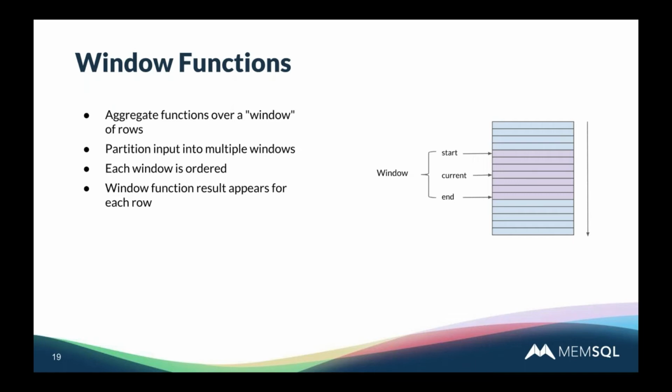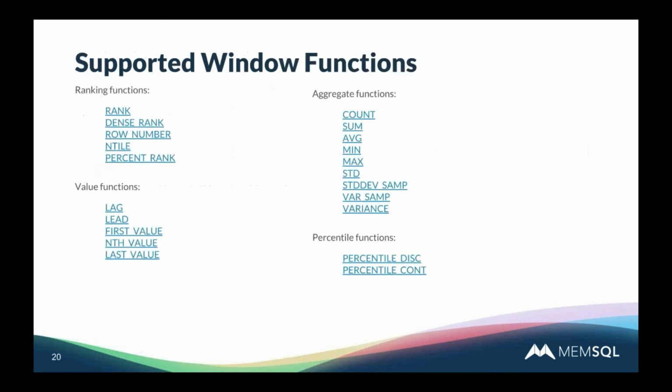An example is illustrated on the right there. You may have an input set of rows like that entire larger block, and you see the purple color between the start and end is your window. There's a concept of the beginning of the window, the end of the window, and the current row within the window that you can specify with SQL using this new extension in SQL for window functions.